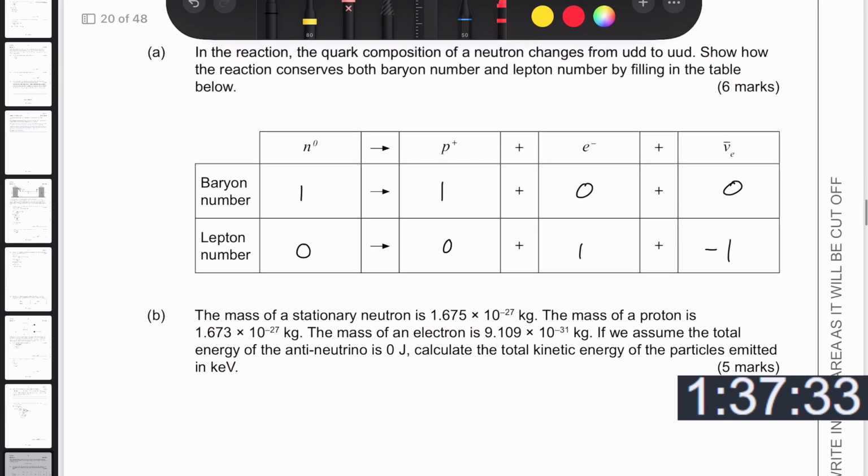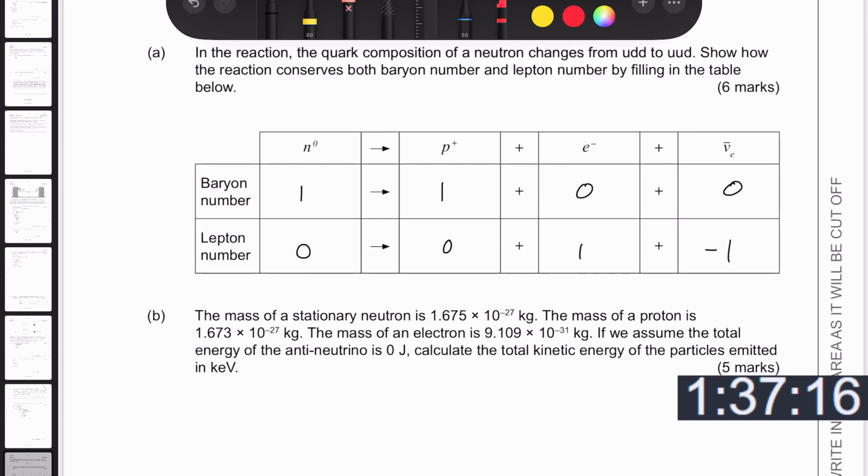The mass of a stationary neutron is that. The mass of a proton, the mass of an electron. If we assume the energy is that, calculate the total kinetic energy of the particles emitted.